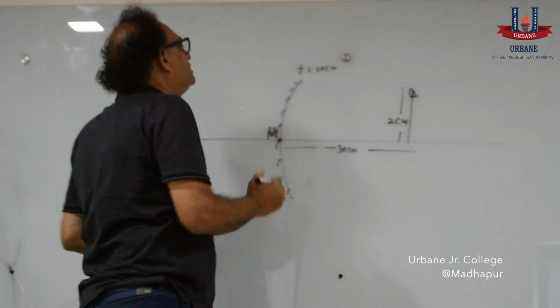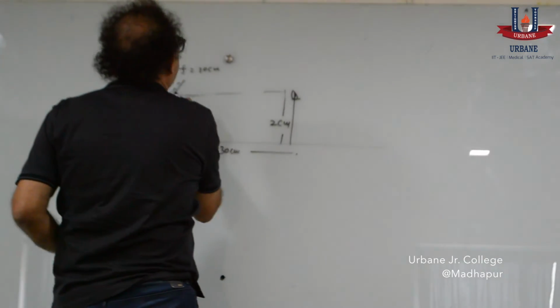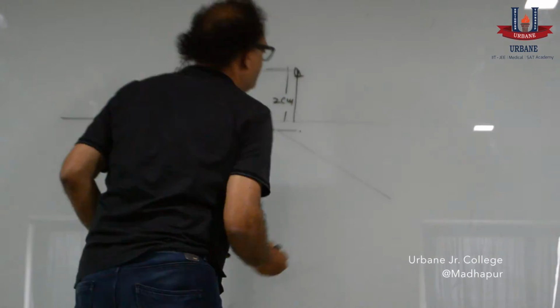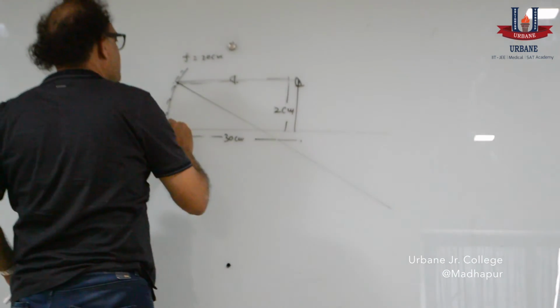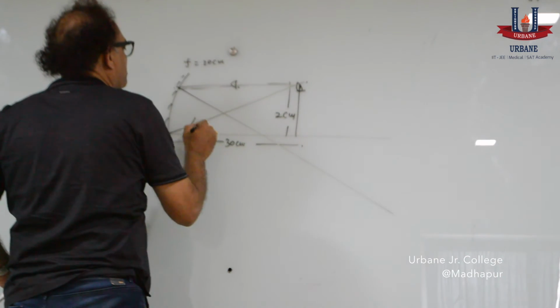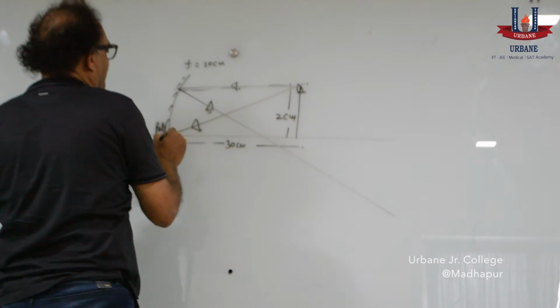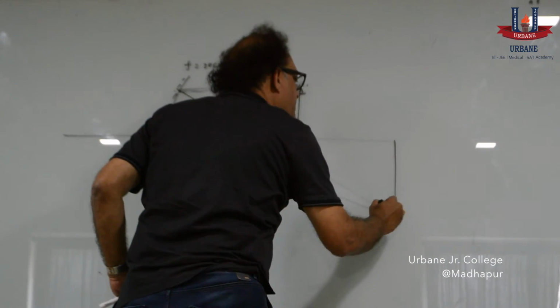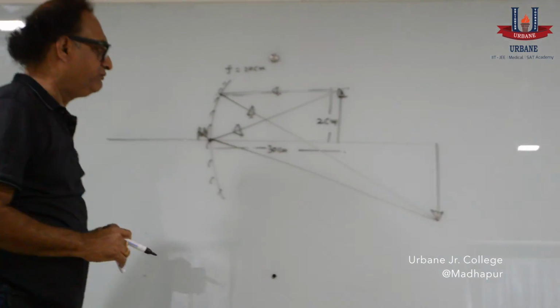We just now got that if you try to take the ray diagram of this, then you find that the image goes this way, and this ray is getting reflected at the pole, and it shall meet here, and so this is supposed to be the image of this.